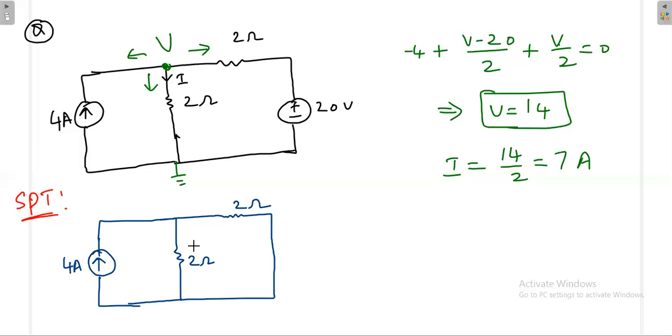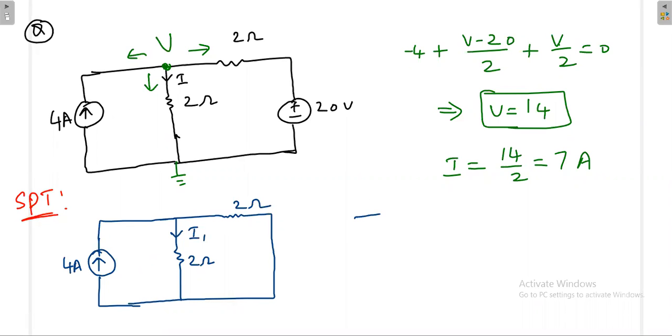This current is due to only this source, so I am calling it I1, not to make confusion. This I1 is the current due to the 4 ampere source, and I1 here is 2 ampere, by simple current division. Similarly, you find the current due to the 20 volt source. Now you have to remove the effect of the 4 ampere source. Removing the effect of a current source means you have to open circuit it.